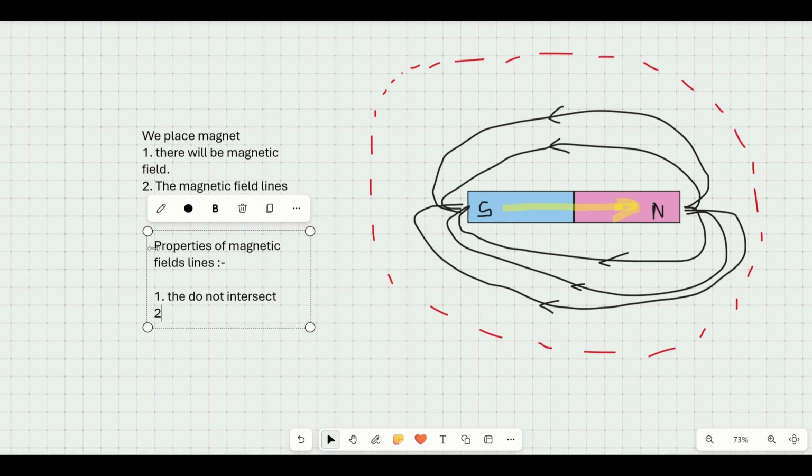Next property is that it is concentrated near the poles.